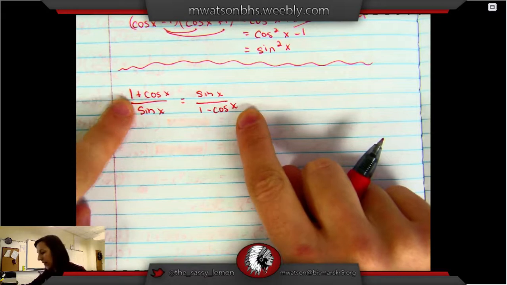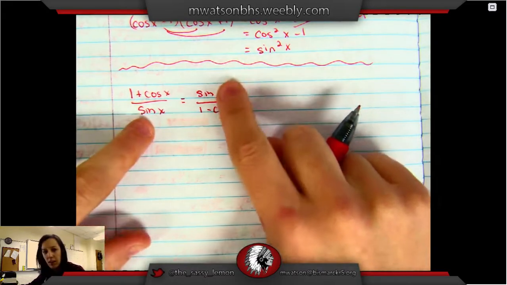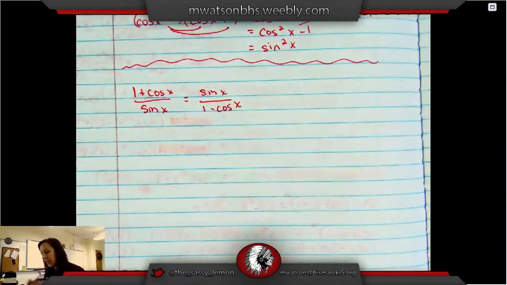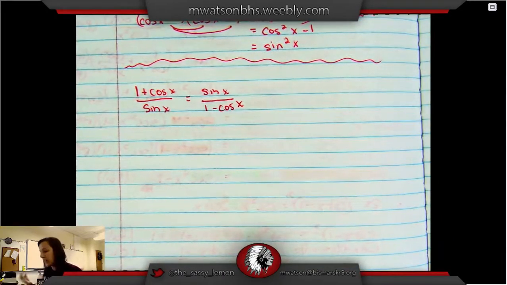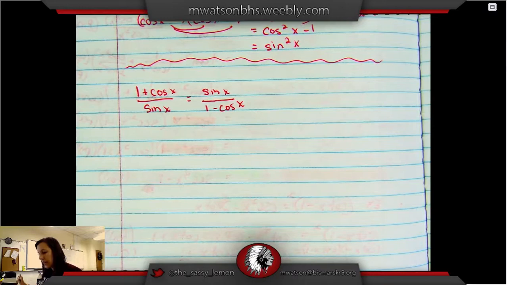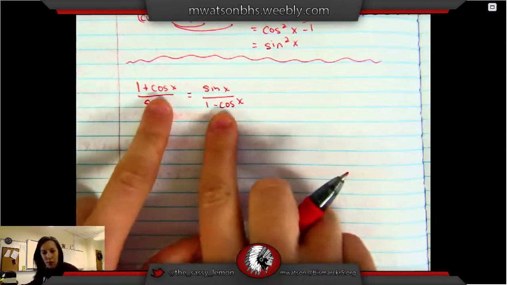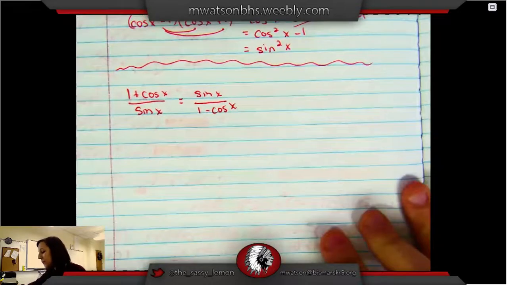You can see that this denominator is this numerator, and this denominator is this numerator with the sign change. So there's a relationship there, which is a hint to me that maybe I should pick one and multiply by a conjugate, because we've got a binomial here and a binomial here.